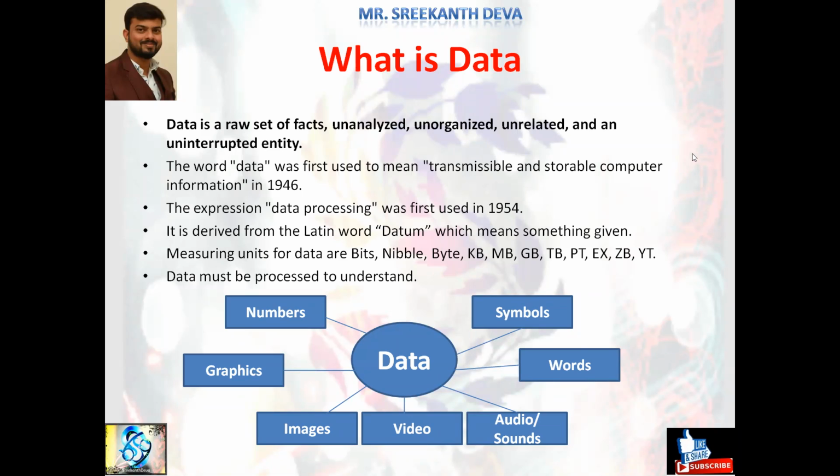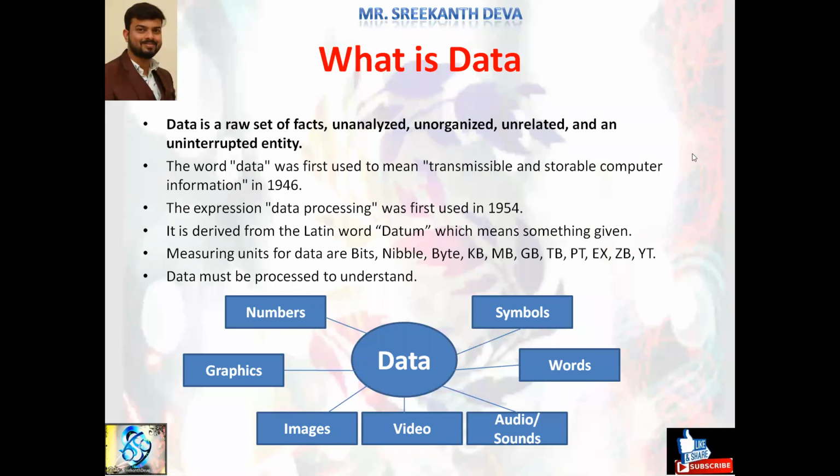Like memory cards, flash drives, pen drives, like 8 GB, 16 GB, 32 GB pen drives, 64 GB, 128 GB memory cards. Coming to hard disk, we are using 500 GB hard disk, 1 TB hard disk, like that.